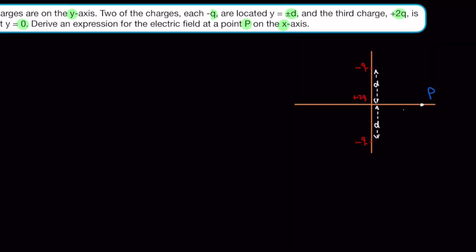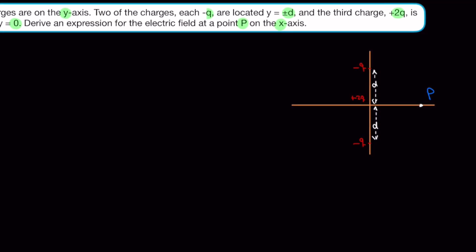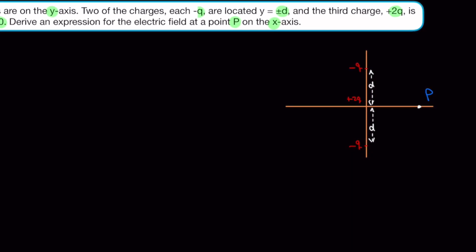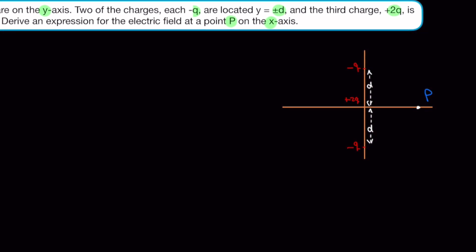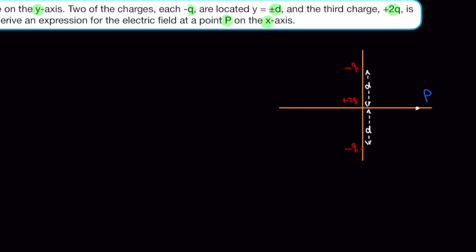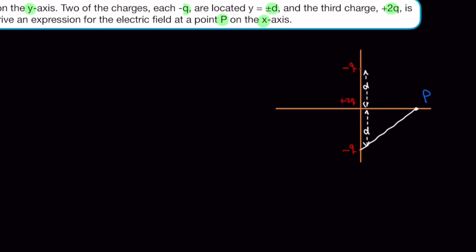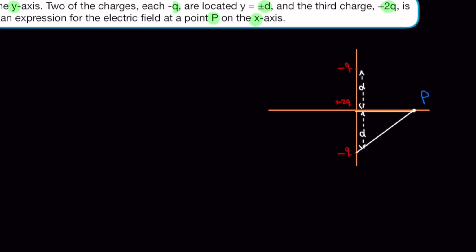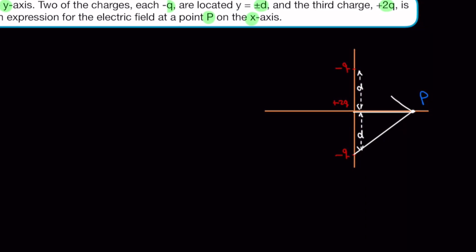Now, we know that there will be three electric fields. The first one comes from the positive 2q and the other two from the negative q. So here is the first one, and this is the second one, and this is the third one.